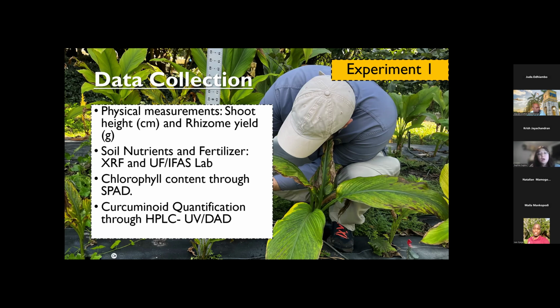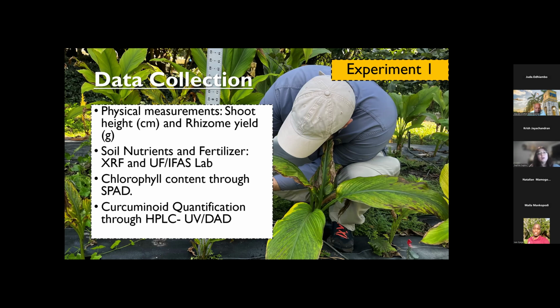For our soil nutrients, we analyzed this through a Bruker XRF handheld analyzer, and soil samples were also sent to the UF-IFAS USDA lab for analysis. Chlorophyll content was monitored using a Soil Plant Analysis Development SPAD 502 chlorophyll meter, which I'll just refer to as SPAD after this since I use it in the next experiment.